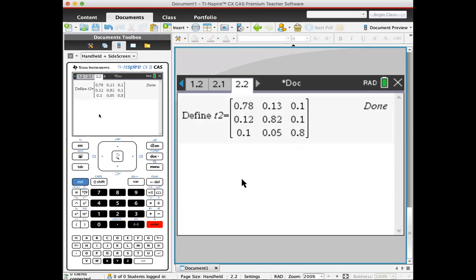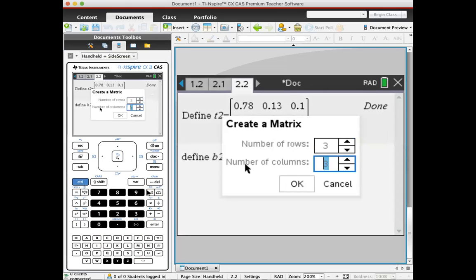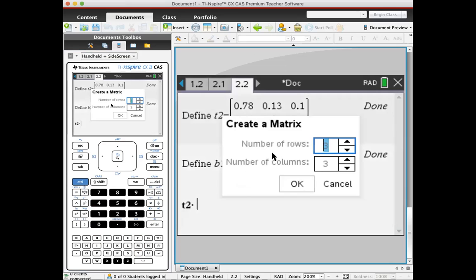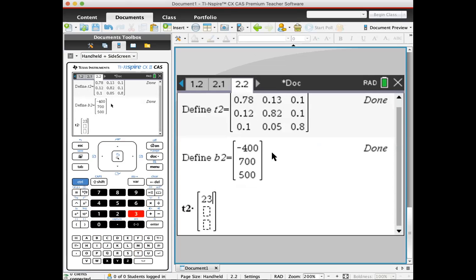And what is my B? Define B2, be consistent with the 2 here, okay? 3 by 1, minus 400, 700, and 500. Okay, so my R3 will be T2 multiplied by R2, 3 by 1, 2, 3, 9, 0, 60.